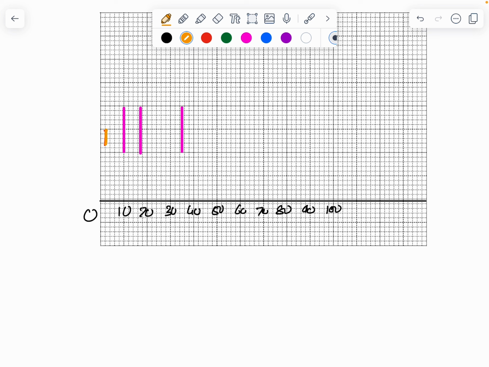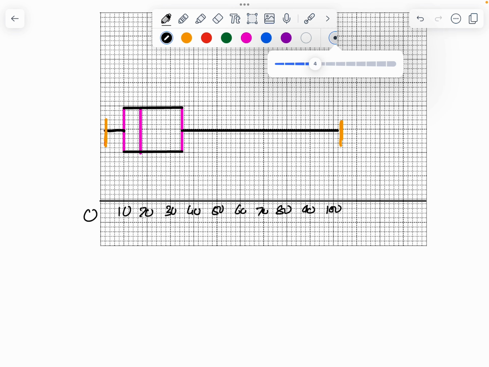And the highest value is 104. Then join it out. This is a box and this is a whisker, a box and whisker plot. Now don't forget to write the label, number of medals.